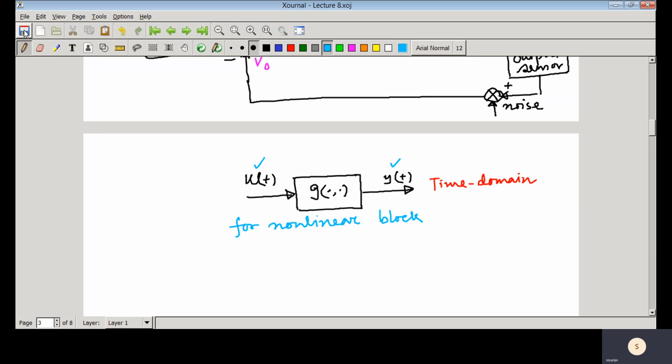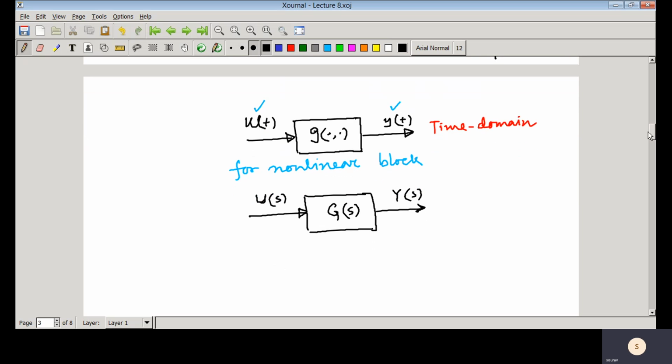But in case of linear time invariant system, a block is represented like this. This is the input output behavior. So U(s) is the input and Y(s) is the output, and here you have the transfer function.